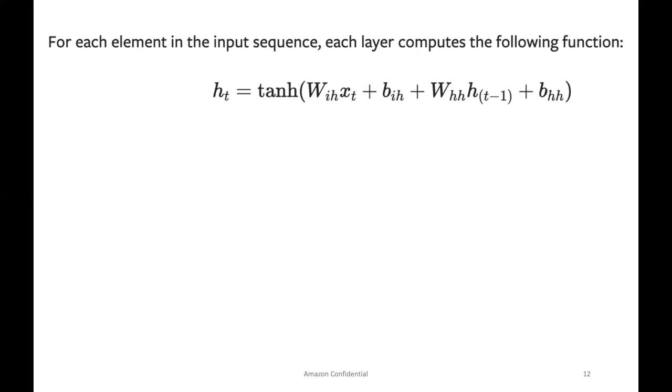PyTorch or any framework like TensorFlow, these frameworks can compute the backward gradients if you are able to write the forward propagation. So if you can write the forward logic, then they can compute the backward gradients, and using those backward gradients, back propagation, you can then train the whole network. So the chain rule and the back propagation all is taken care of by the framework itself.